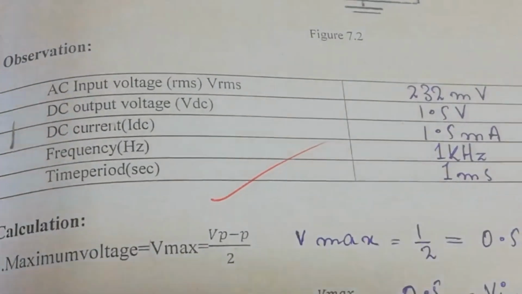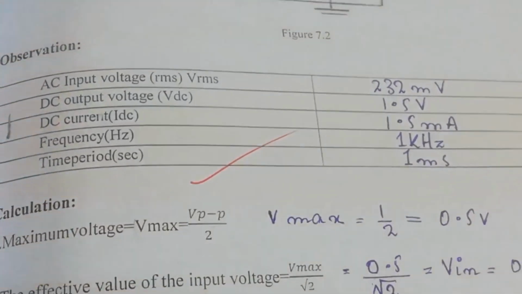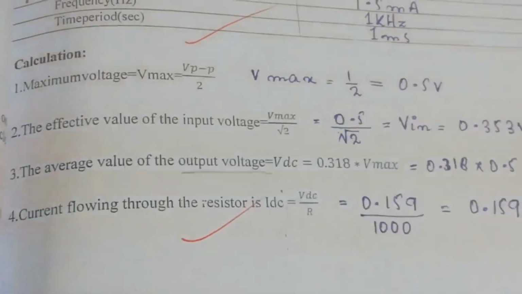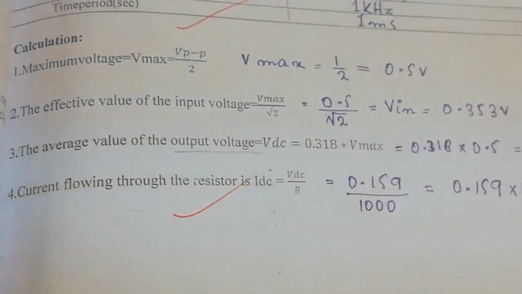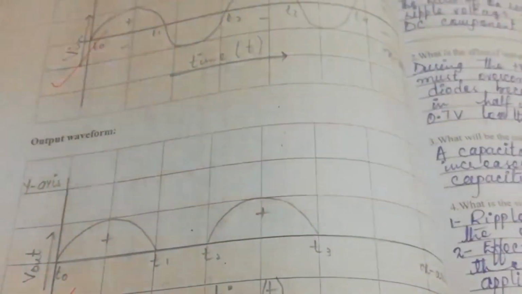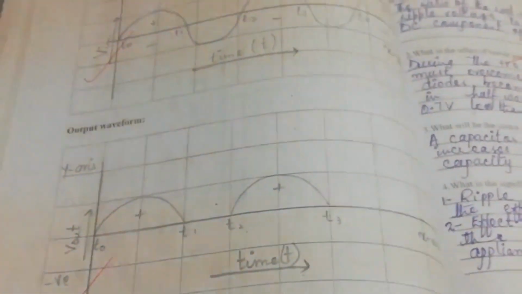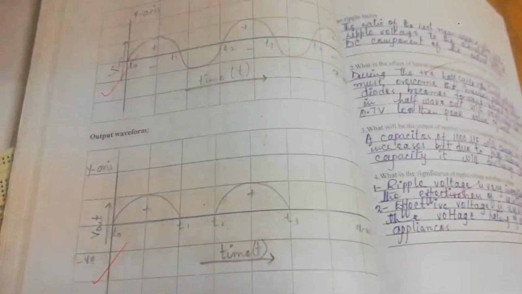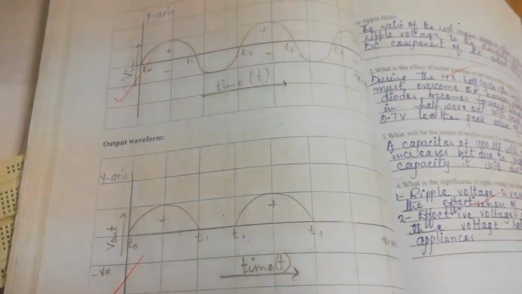Then you are going to fill this table and then you will perform these calculations. After that you will draw input and output waveforms like this. So this was your lab 8.